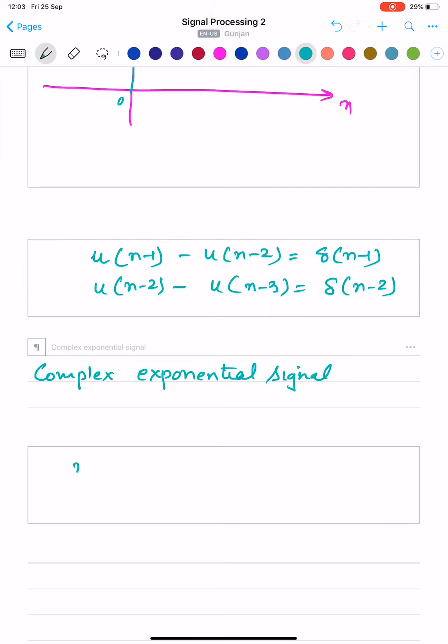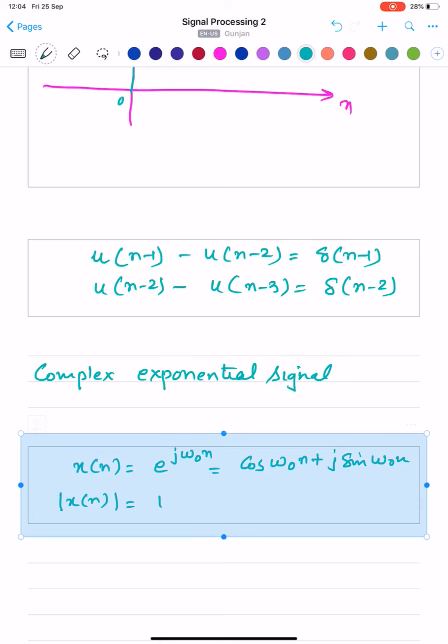You can say x of n equals e raised to the power j omega naught n. If you know that, you can write it equal to cosine omega naught n plus j sine omega naught n. An important thing which you need to remember about this signal is that the modulus of x of n is equal to 1.